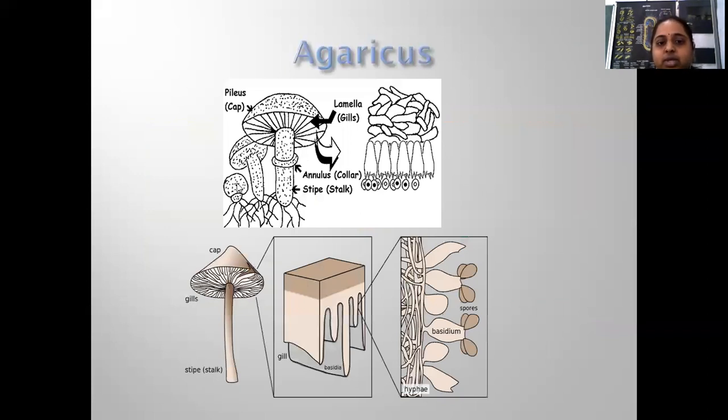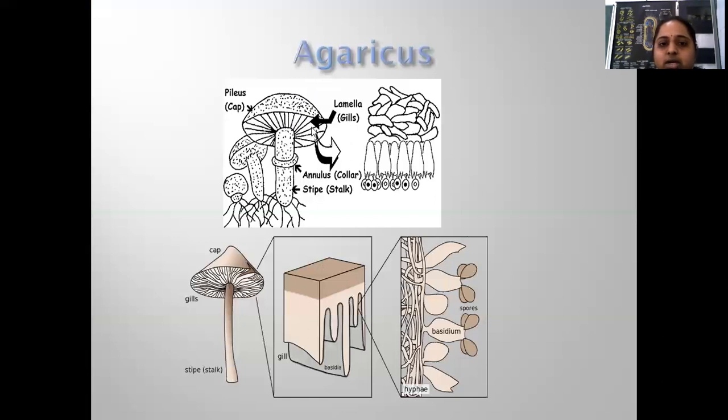You can see this is the stalk of the mushroom, which is called the stipe. And this is the umbrella-like structure called the pileus, or a cap. And beneath this cap, you have gills, which are called lamellae.